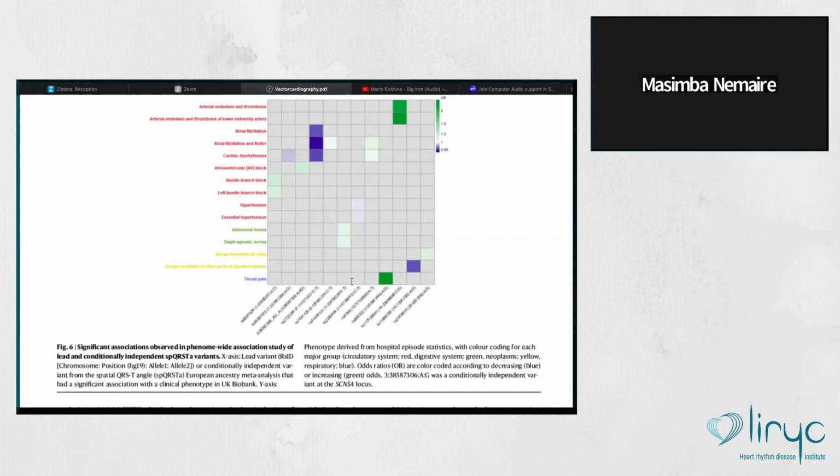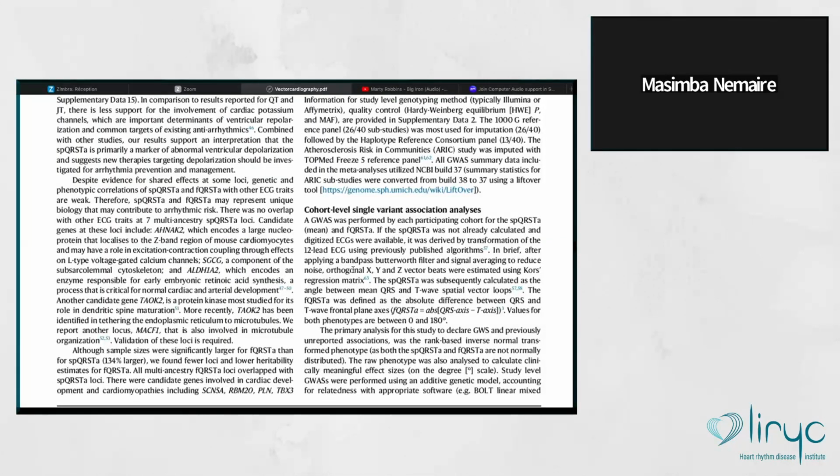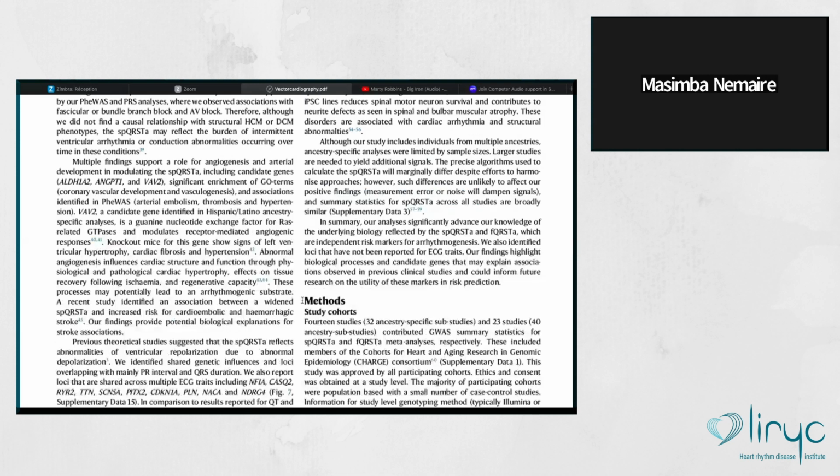They actually mean that most of the genes that they observed impact quite a number of tissues.